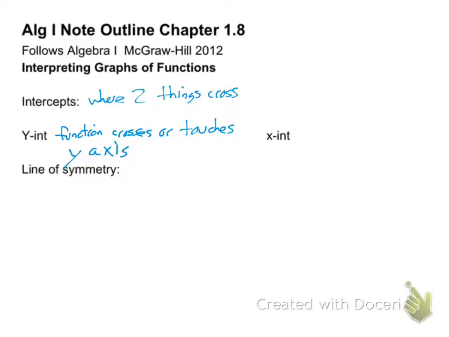So maybe when we say cross or touch, a y-intercept for a function is where it touches or crosses the y-axis, and vice versa. When we talk about an x-intercept, it's where the function crosses or touches the x-axis.